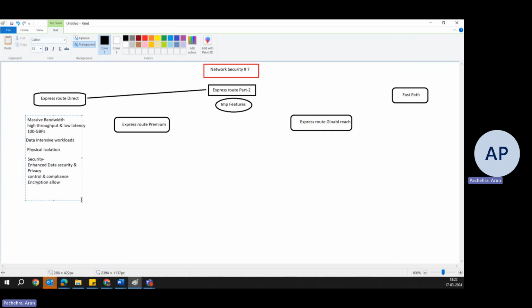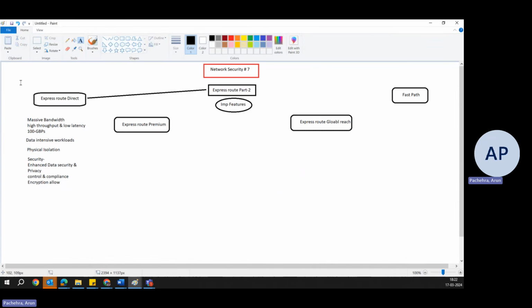Of course, Express Route Direct for its dual 100 Gbps connection. 100 Gbps connection, right? Ensuring that data can be moved quickly and securely into Azure without traversing the public internet. This setup not only meets the institution's performance requirement but also adheres to stringent financial regulatory standards for data security and privacy.